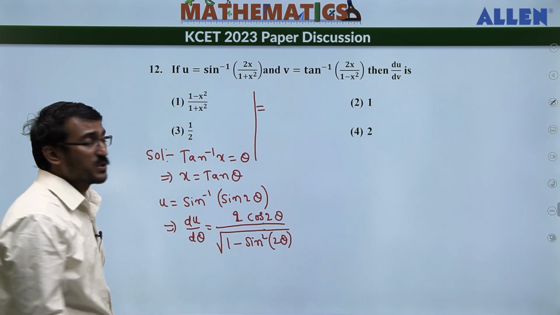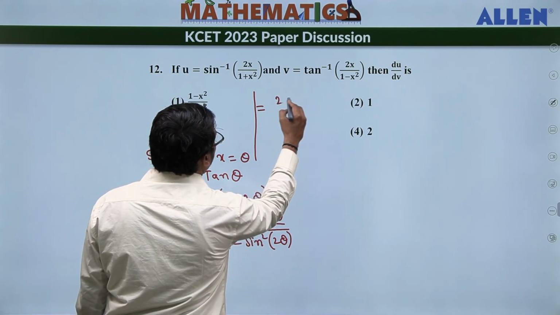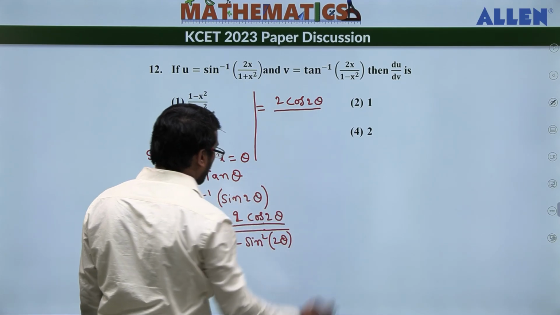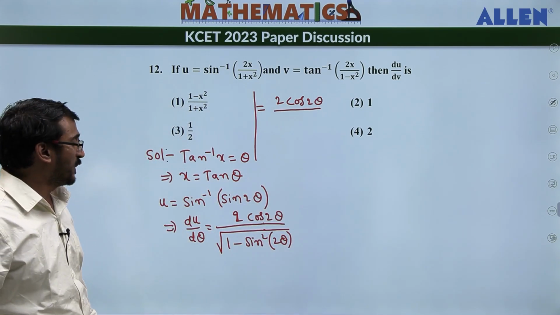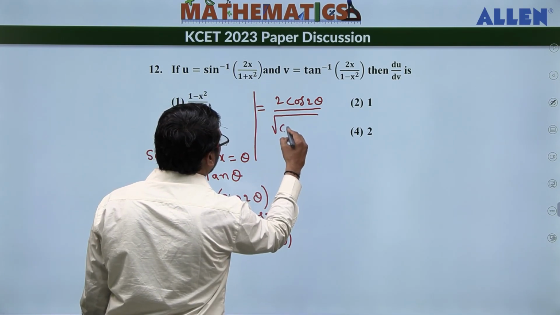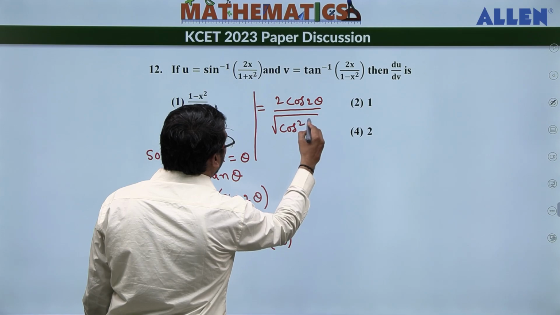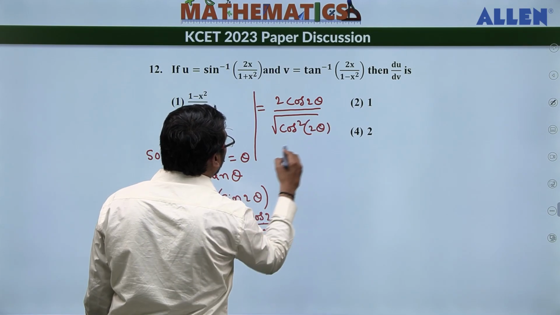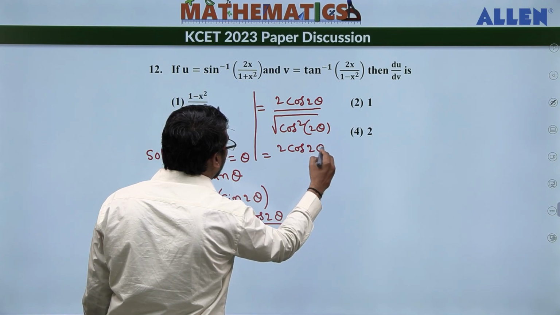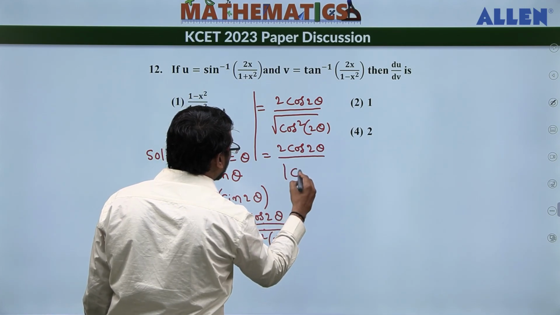So what is that? Numerator is 2 cos 2 theta. What is denominator? 1 minus sin square 2 theta is root of cos square 2 theta. So 2 cos 2 theta by modulus of cos 2 theta.